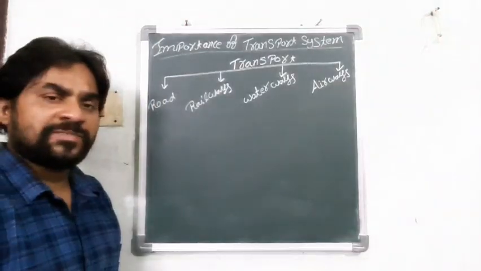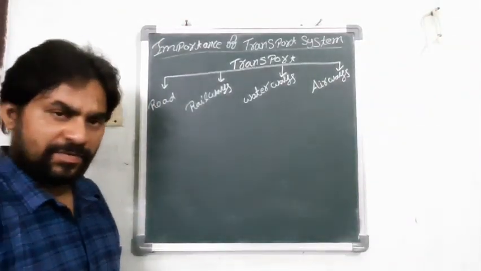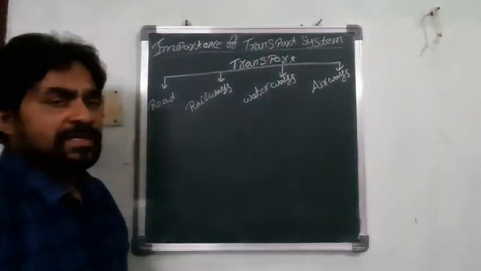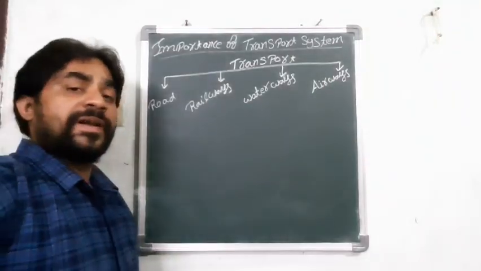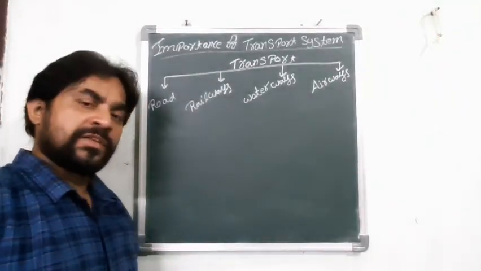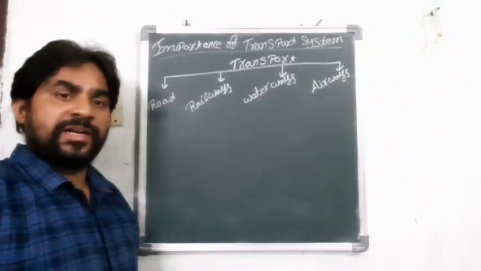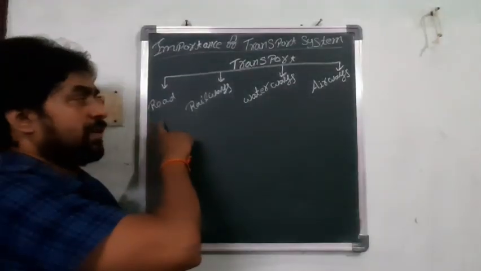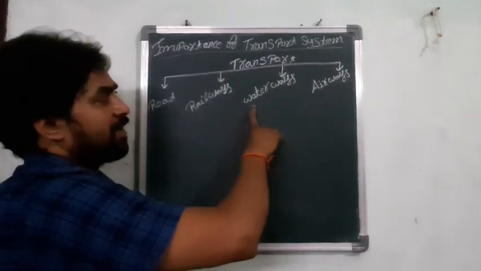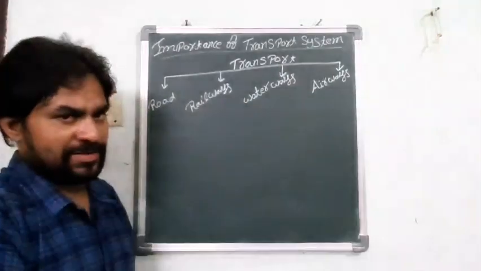So the first column given in your textbook is mode of transport, which means the transport was divided into 4 ways: roadways, railways, waterways, and also airways.